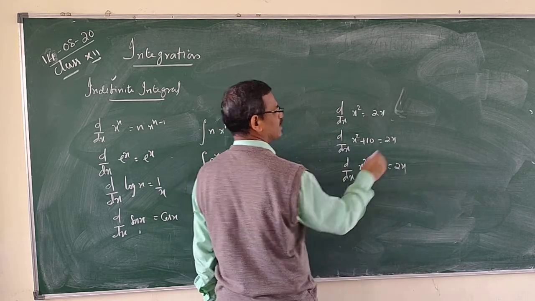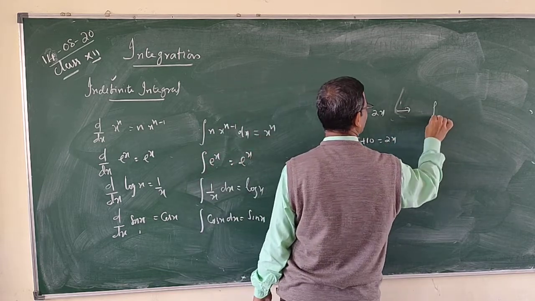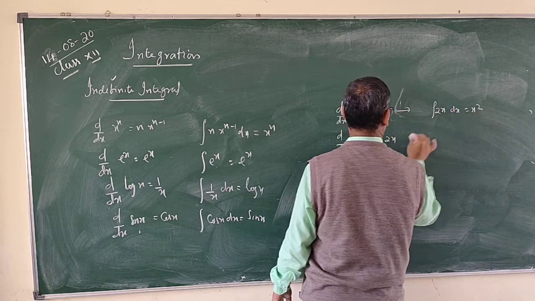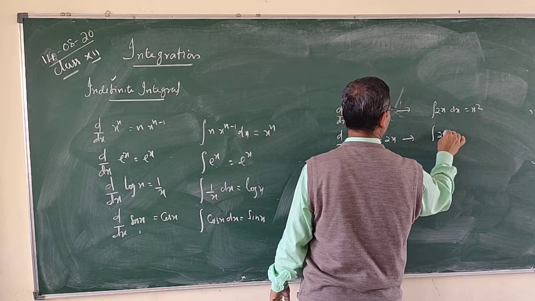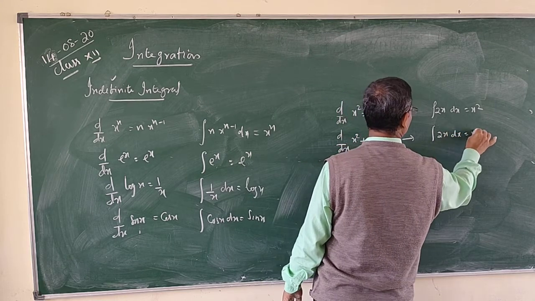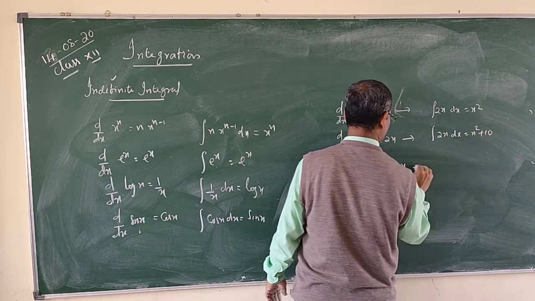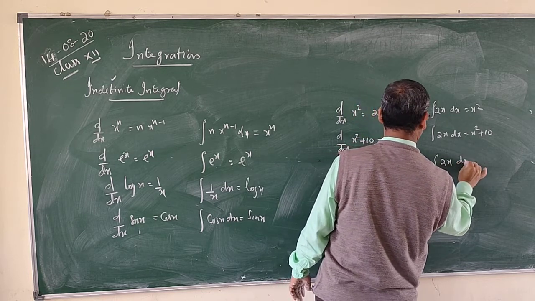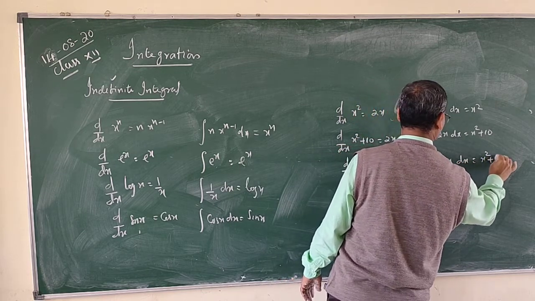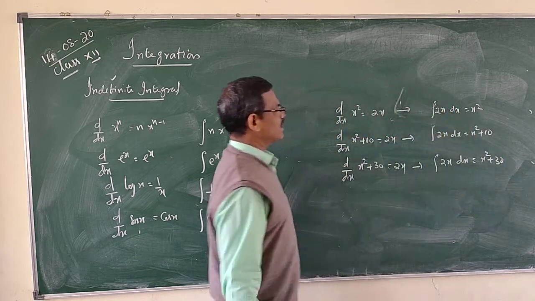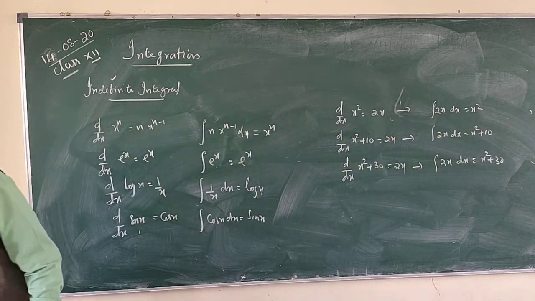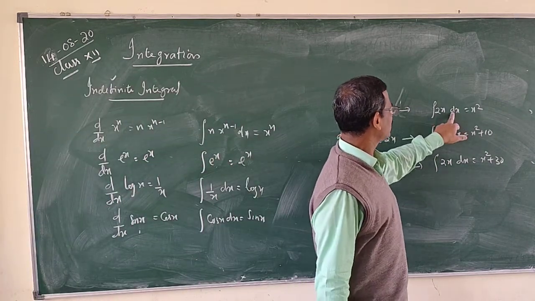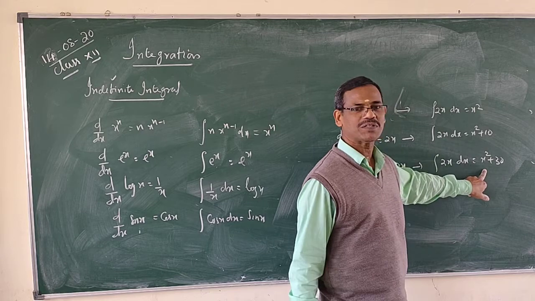So as per the definition, the integral of 2x dx will come as x square, here it will come as x square plus 10, and here it will come as x square plus 30. So for the same function 2x, you are getting many answers, an infinite number of answers. Here x square plus 10, here x square plus 30.